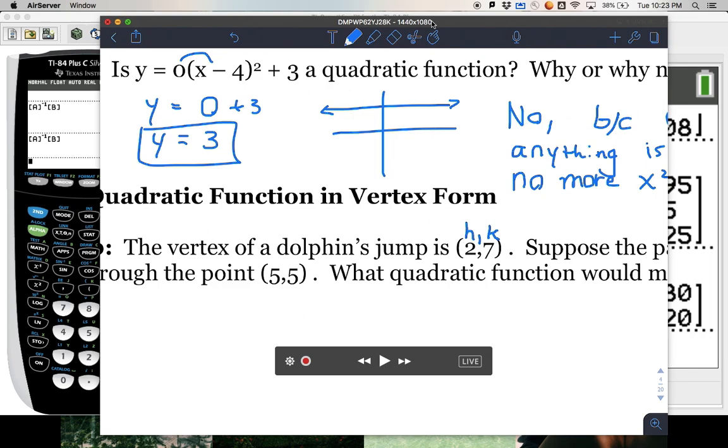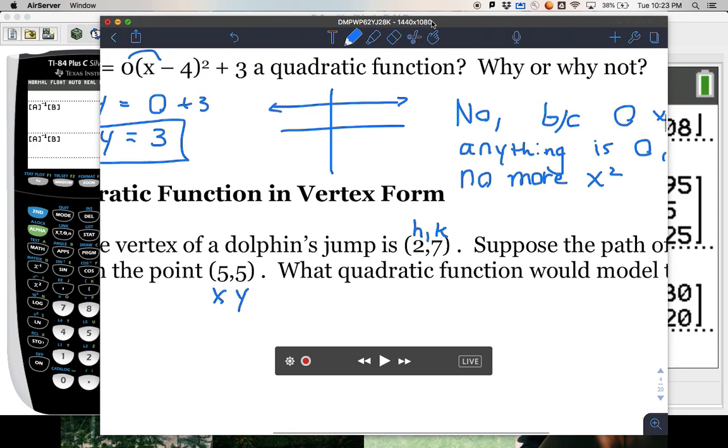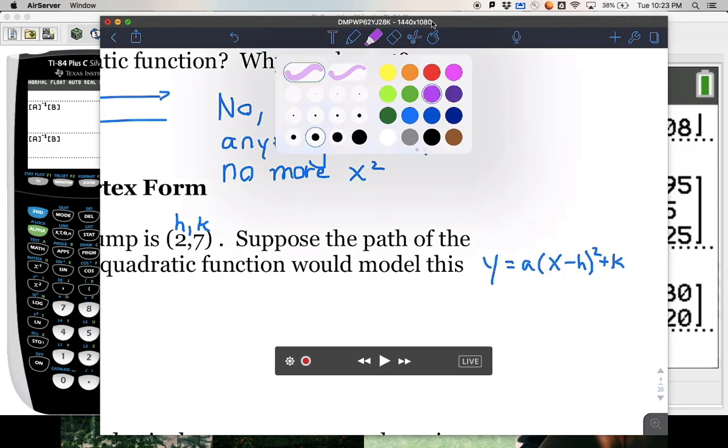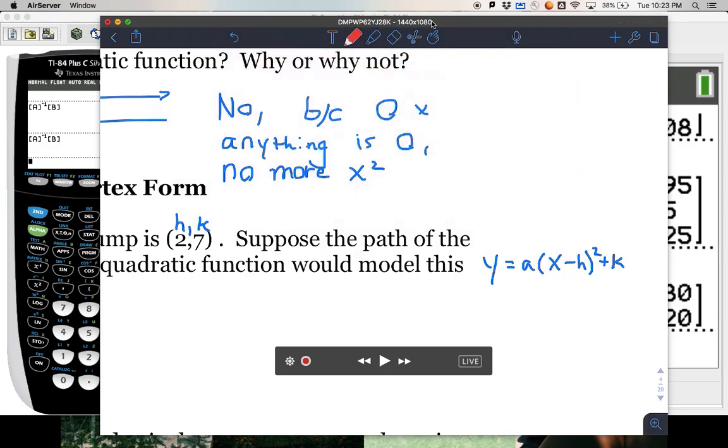We plug this point in for x and y, and with h and k plugged in, the only thing I don't have plugged in for is a. Then we solve for that a value, and after that, we can write an equation.